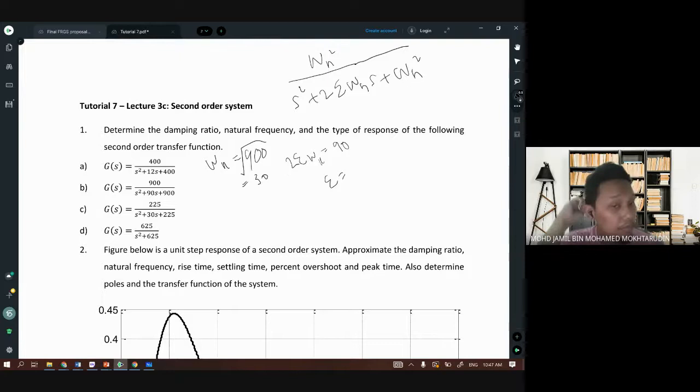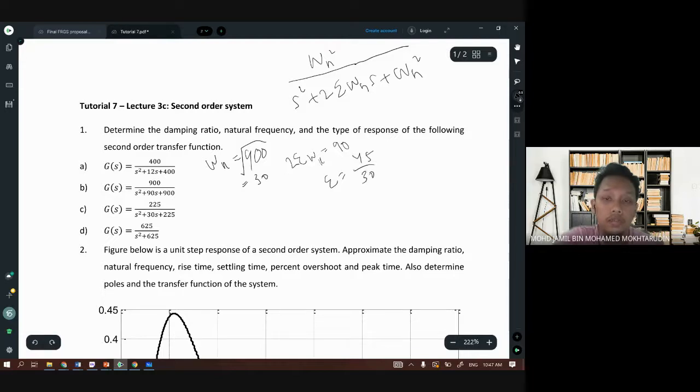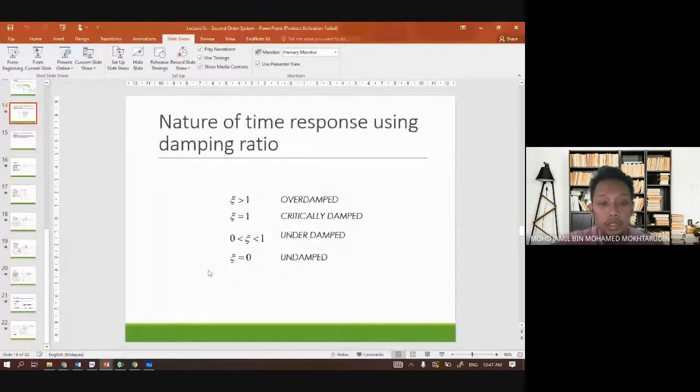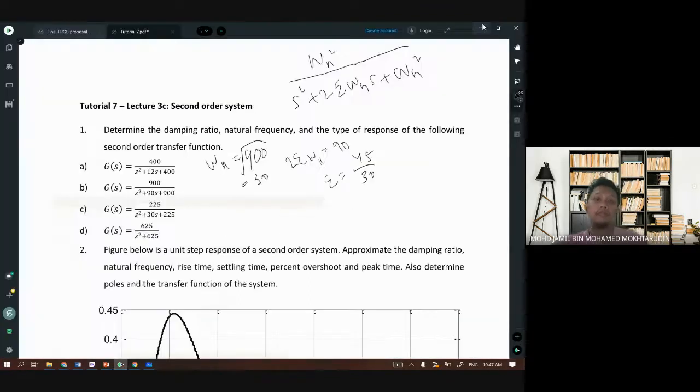Okay, so you just take the middle value. So damping ratio equals 45 divided by 30. So you get a value equals 3/2, 1.5. So 1.5, it's bigger than 1. So the system is overdamped. Okay, easy.